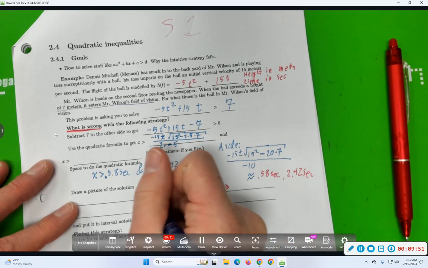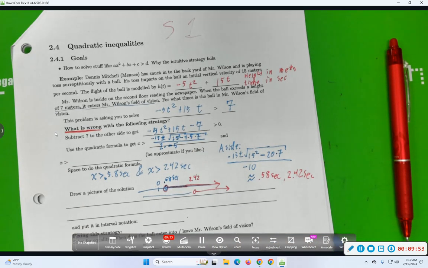So, how would you interpret these two? If you wanted to put this into interval notation, what would you say? If you just wanted either one of those two things to be true, it would be 0.58 to infinity. If you want both of them to be true, it's 2.42 to infinity.